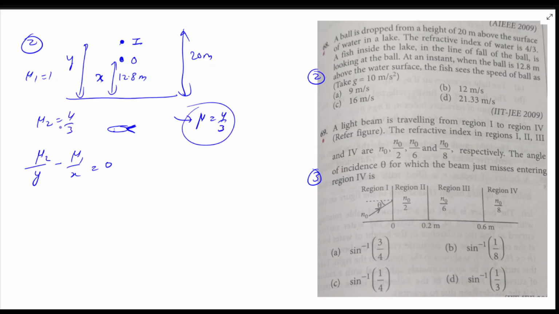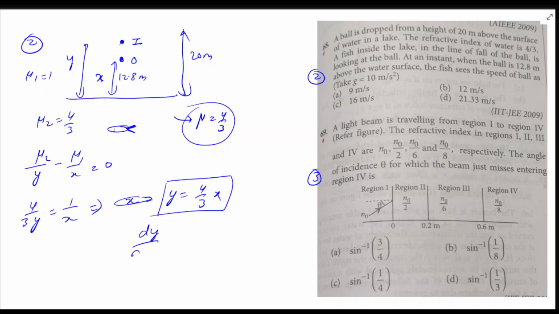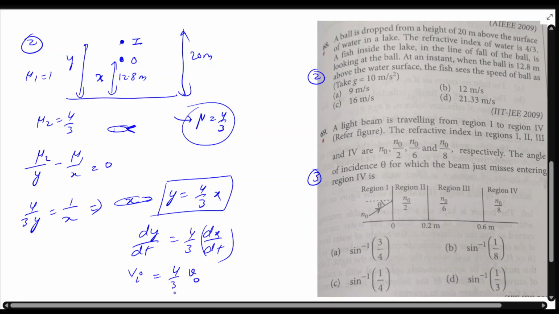If you put values here, you get 4 by 3y equals 1 upon x, so y will be 4 by 3x. If you differentiate both sides, you get dy by dt equals 4 by 3 dx by dt. This is velocity of image equals 4 by 3 velocity of object.